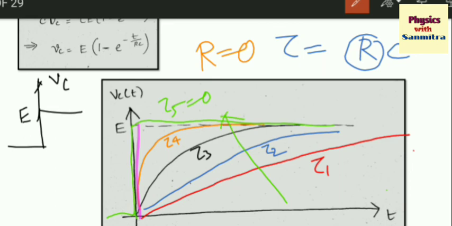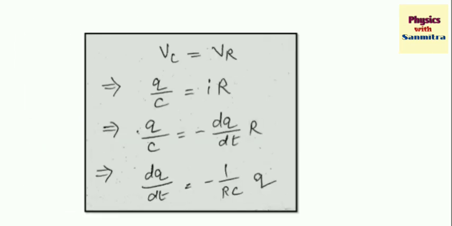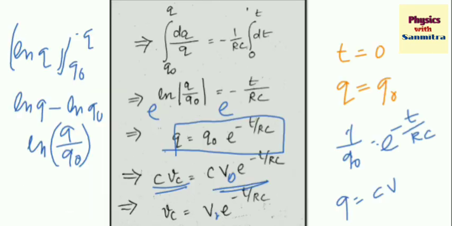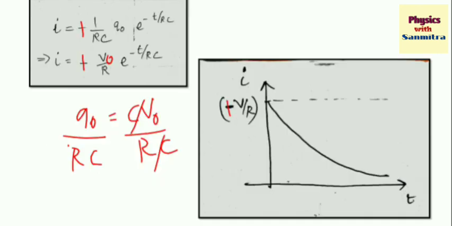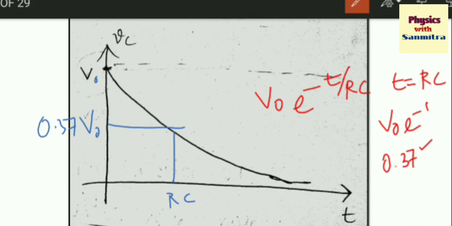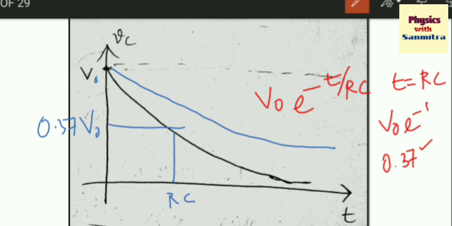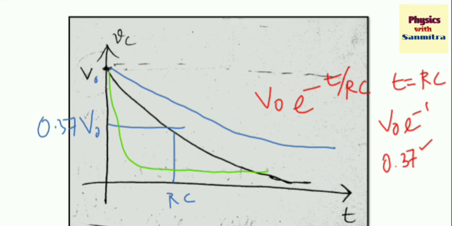So that was the significance of time constant, and the same thing we can conclude here also. If the time constant is larger, it will take very large time to decay. If RC is very less, then it will decay faster.